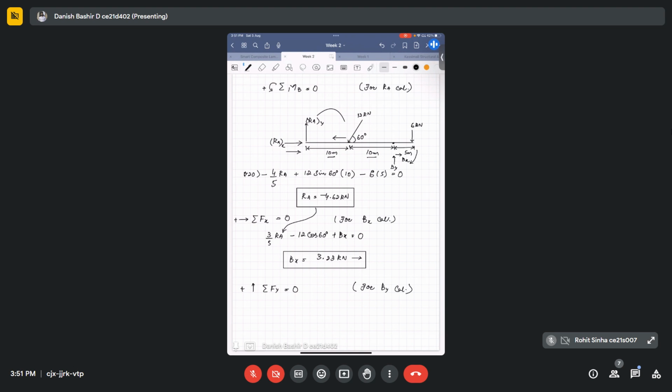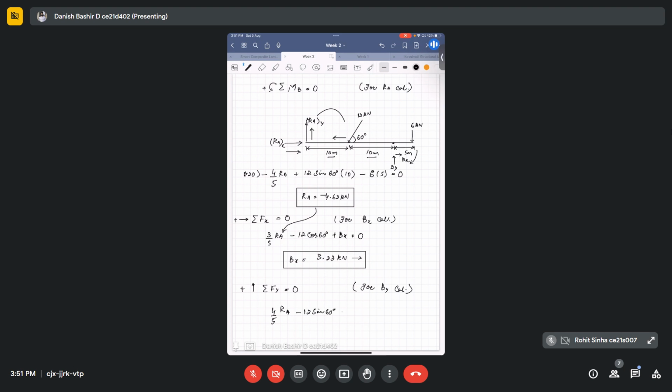For Fy we are having RAY positive, and RAY itself is equal to 4 by 5 of RA. This 12 kilonewton is acting downwards, so it will be minus 12 sine 60 degree.